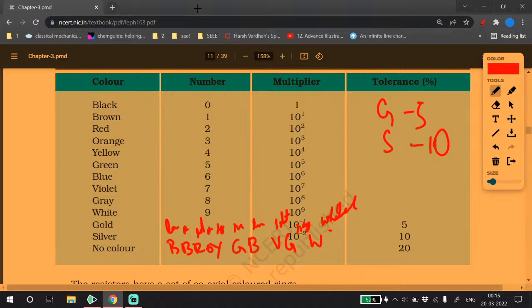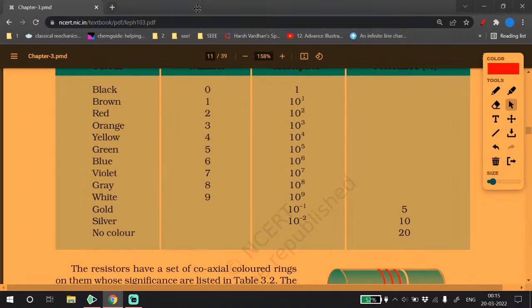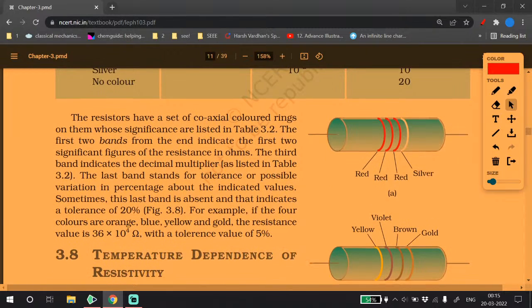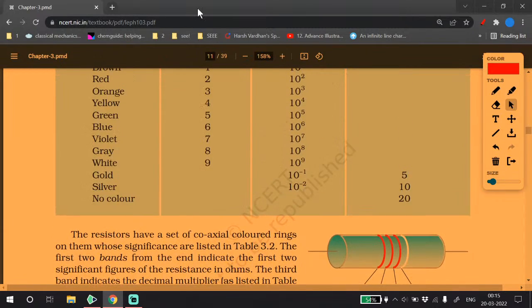So consider Ag as 10 and Au as 5, and no color means 20% tolerance. So black, BB Roy of Great Britain, that mnemonic you can use. But just remember, gold is 5, silver is 10, and no color is 20. That is the tolerance.